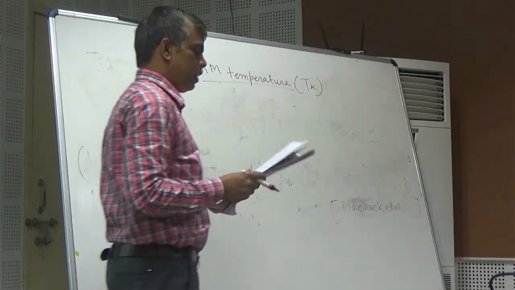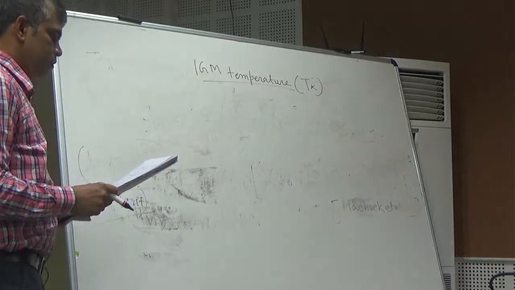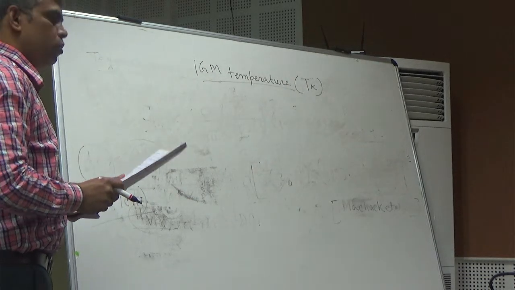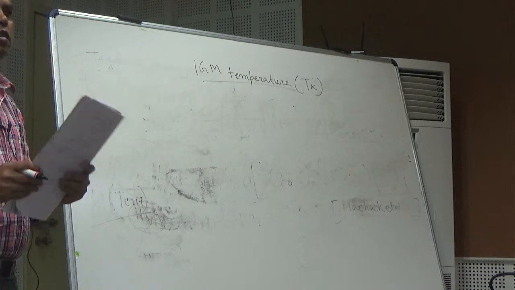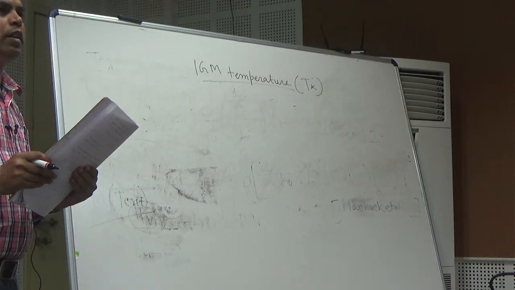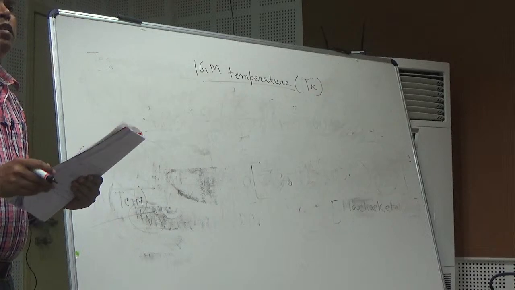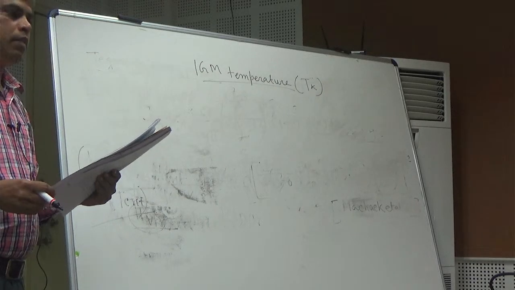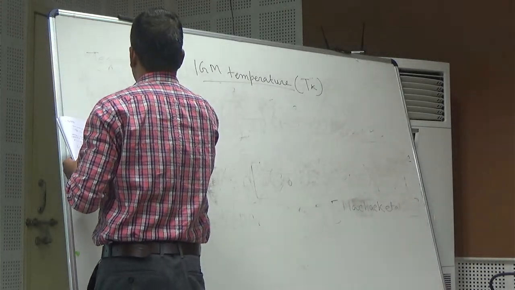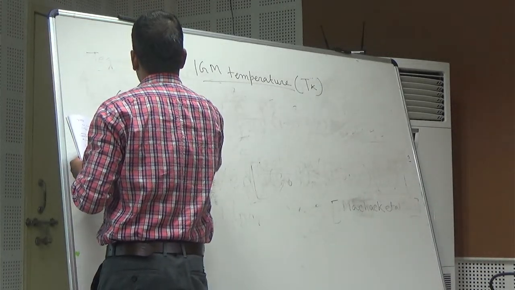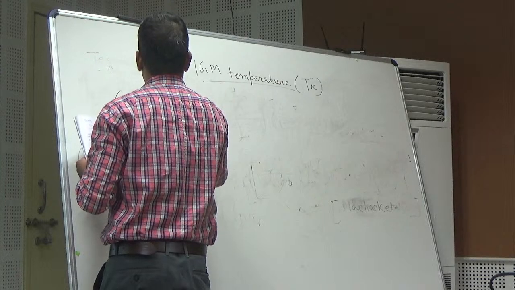Tk or Tg, kinetic temperature. Girish talked about the equation by which we can calculate the IGM temperature. That equation is 1 plus z, Tk.